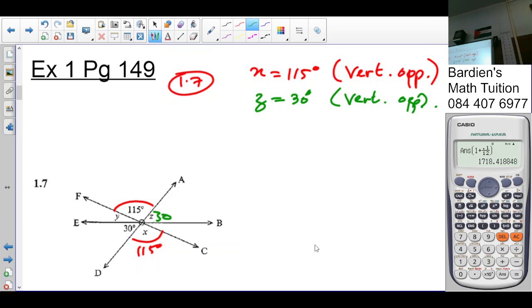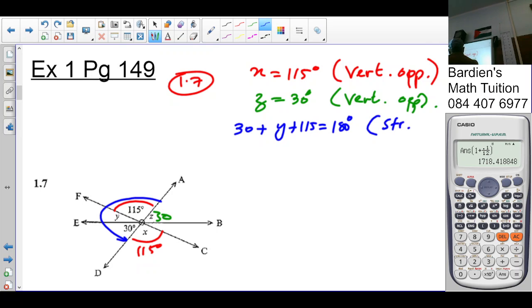The last one? y is nothing. Nice, angles in a straight line. So it's going to be 30 degrees plus y plus 115 is equal to 180, angles in a straight line. So y is equal to 180 minus 30 minus 115. You all agree with that?